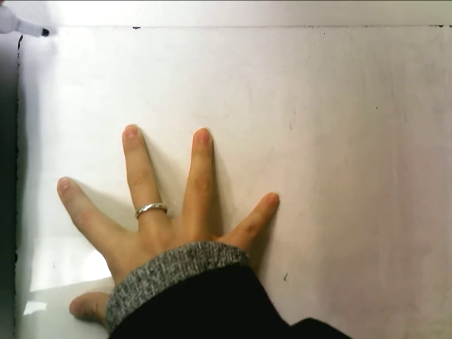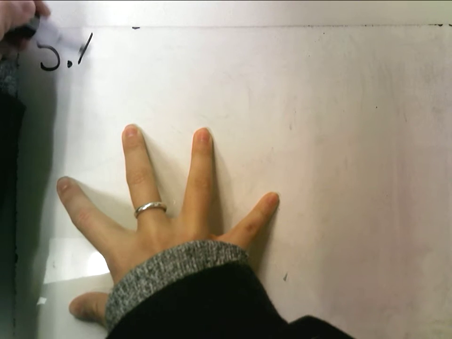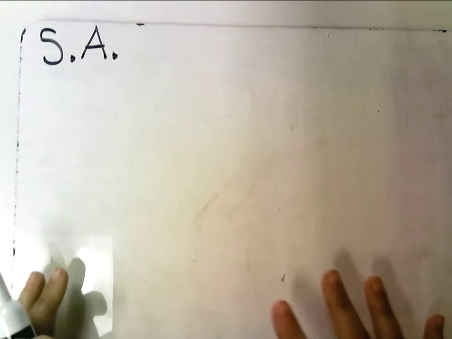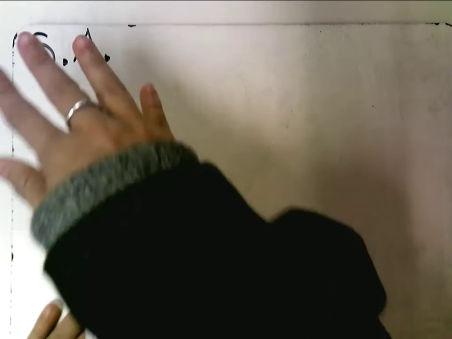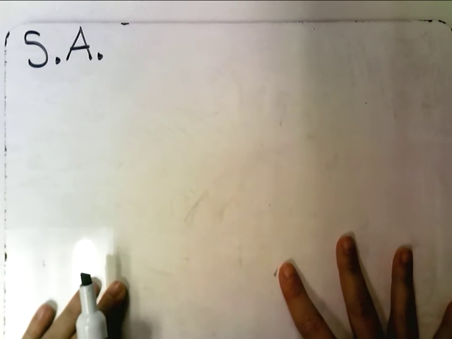So on your whiteboard, I want you to do a couple things. Here's our clean whiteboard. At the top of your left side, I want you to write down S.A, which stands for the standard algorithm. So we're going to write our subtraction problem the vertical way.